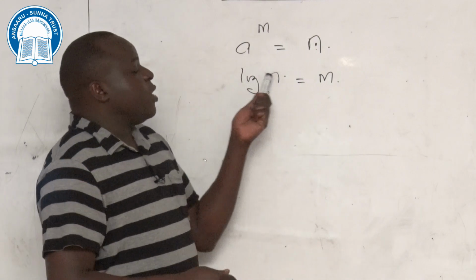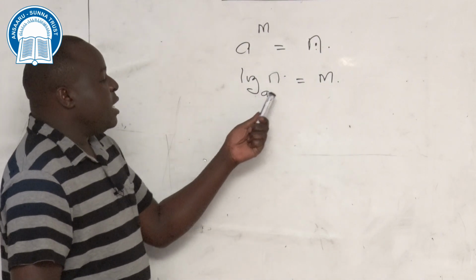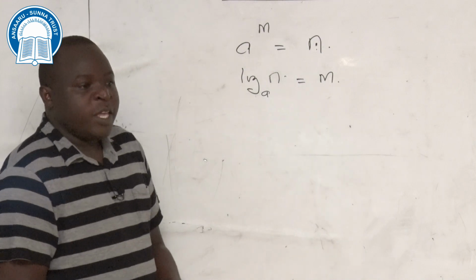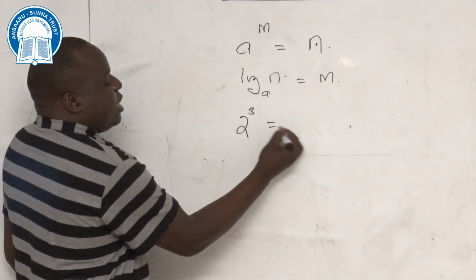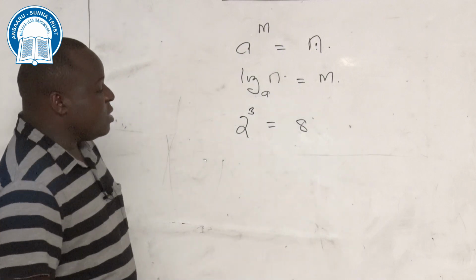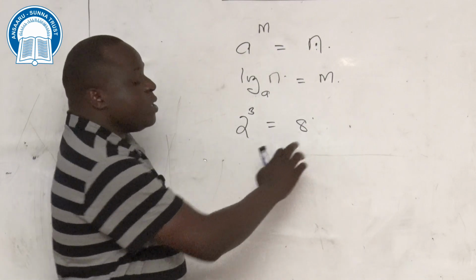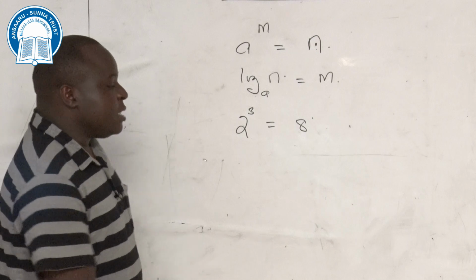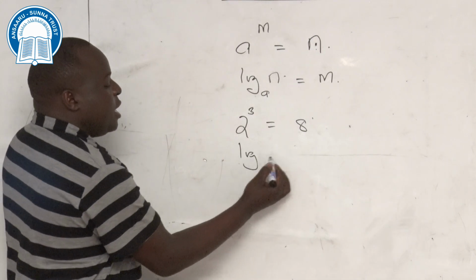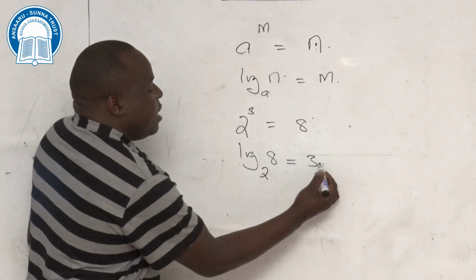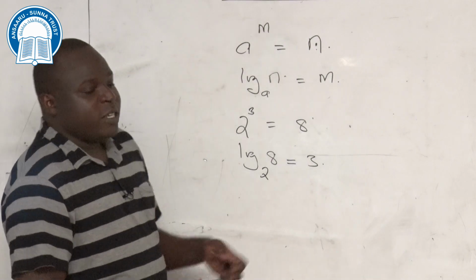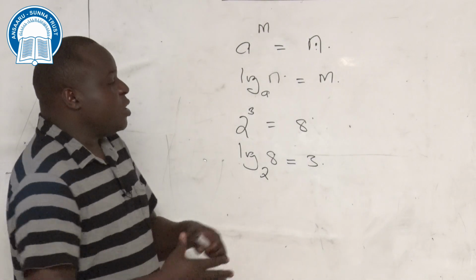So it is log n base a equals m. Now on real values, something like 2 raised to 3, of course the answer is 8. But if you want to change this into logs, it has to be log 8 base 2 equals 3.